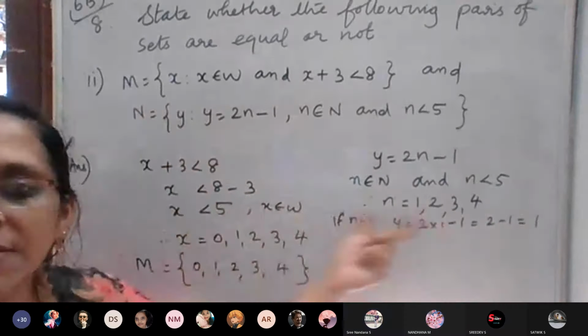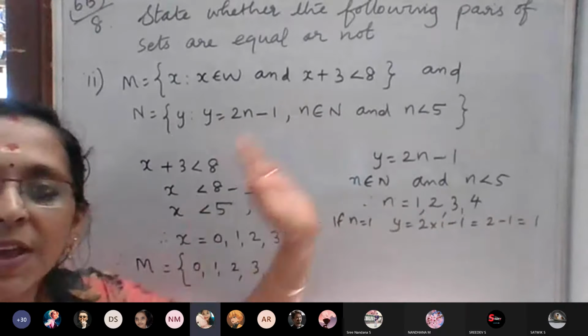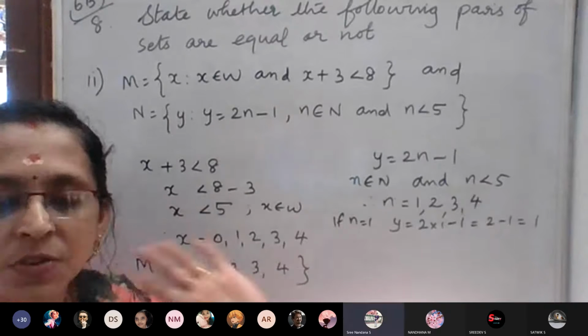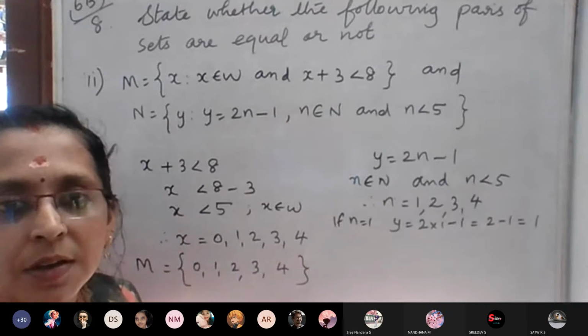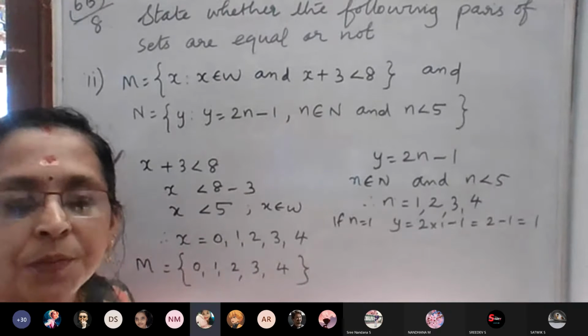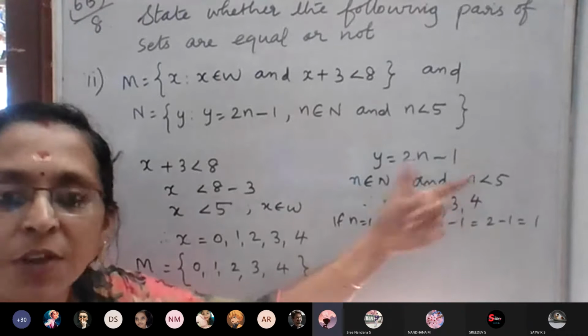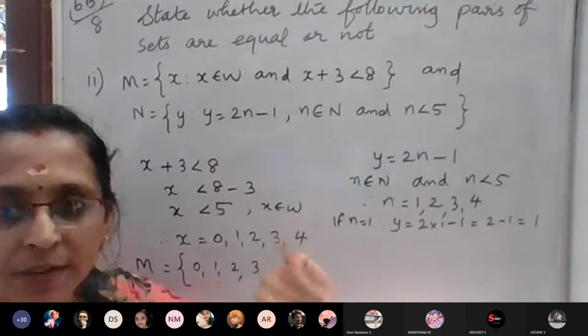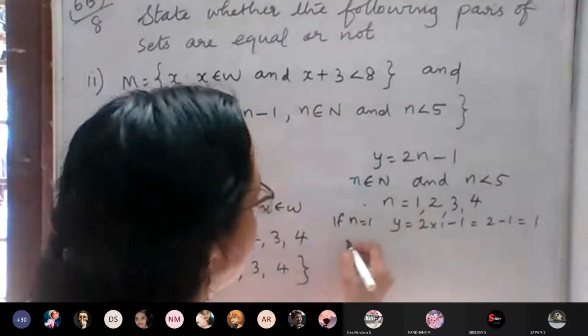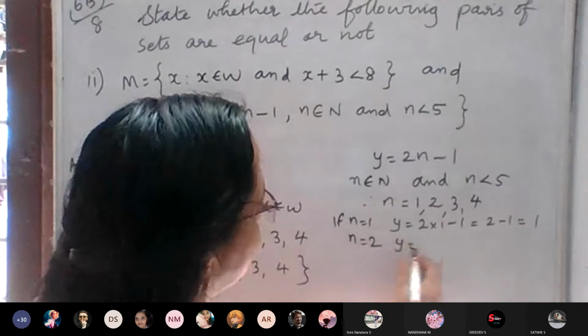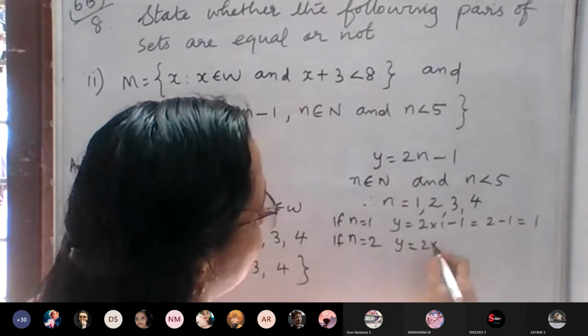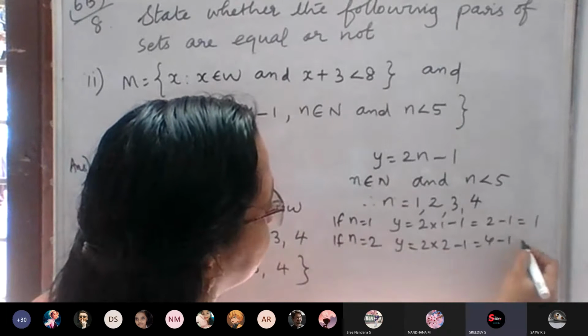Understood the difference between these two, why we are applying this method here? Yes, ma'am. We can't solve for the value, we only have to substitute. So if n is equal to 2, y is equal to 2 into 2 minus 1.